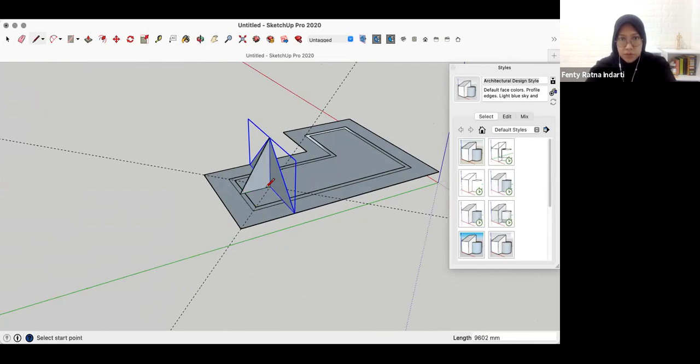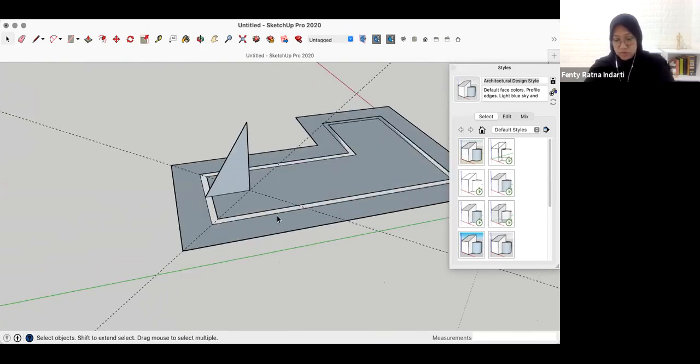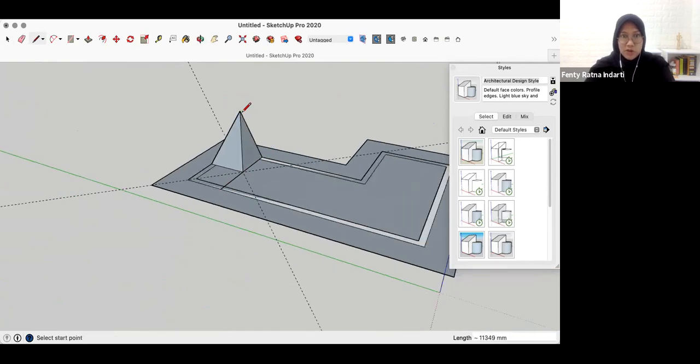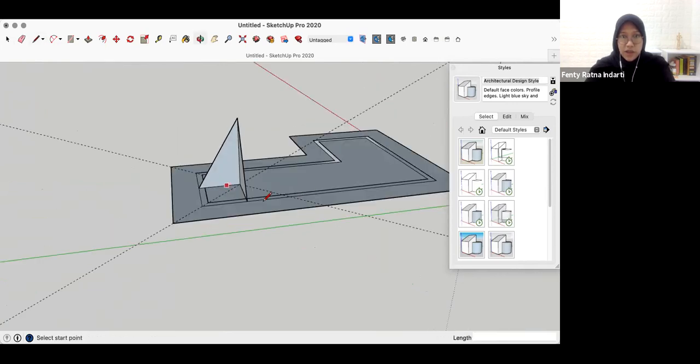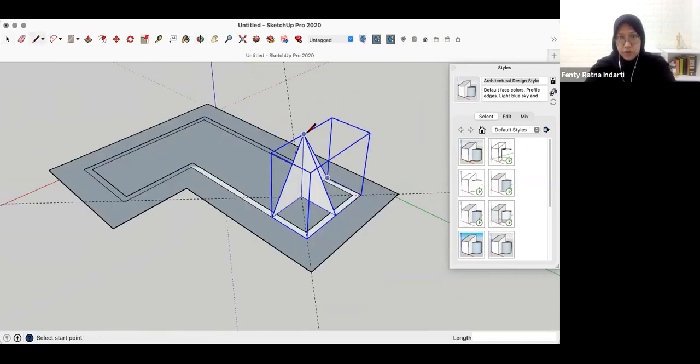Or I cross the boundary, sorry. It's just a quick drawing, don't just stick to it. The slope is very high. So like this, this is my first one. And then I will create the covering like this.